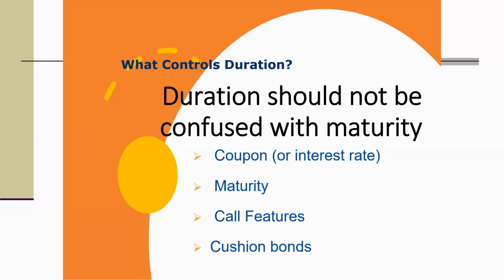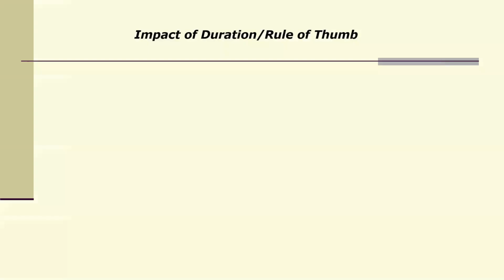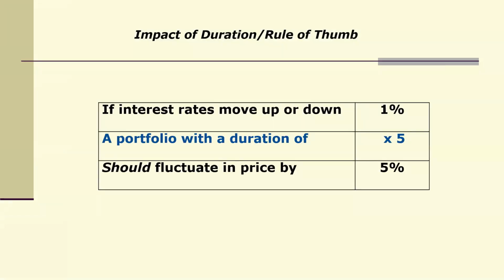Now, you may also own a bond that could be called back if the company decides that they're going to buy that back at a certain point. So all of those factors go into determining how long the duration is. So as an example, if you have a portfolio with a duration of 5 and interest rates move up by 1%, that means that portfolio could decline in value by 5%, and so on.